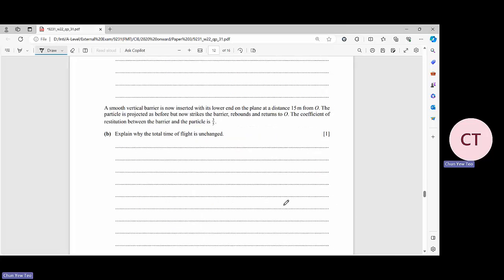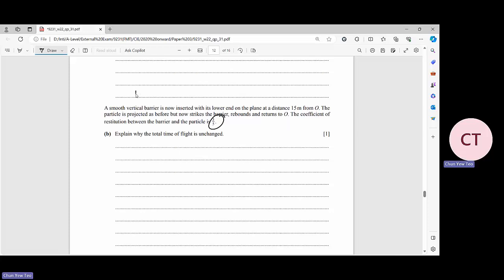Then B, a small vertical barrier is now inserted with its lower end on the plane at a distance of 15 meters from O. The particle is projected as before, but now strikes the barrier, rebounds, and returns to O. The coefficient of restitution between the barrier and the particle is 3/5.